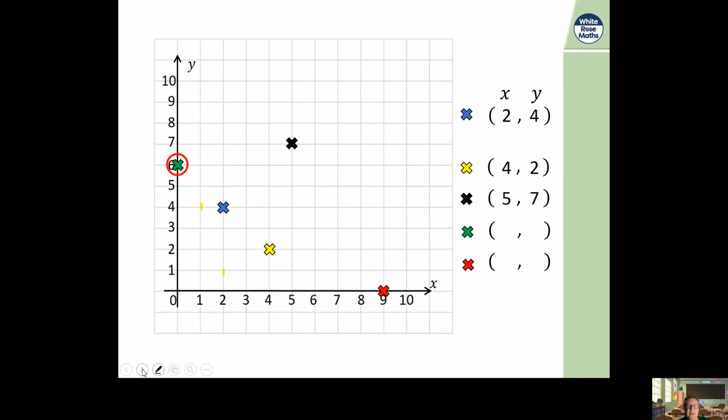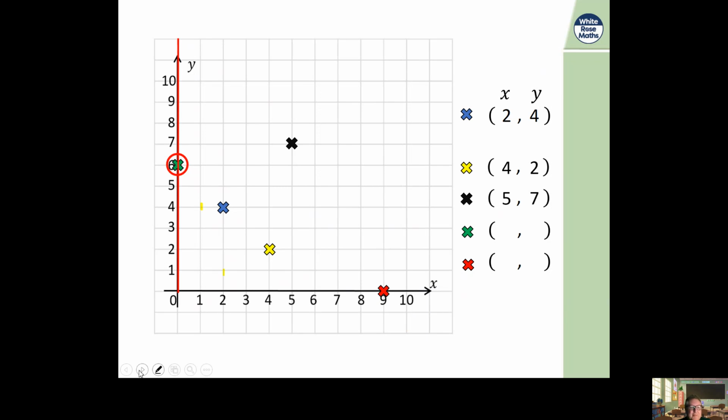And the green point. What about this one? Well, it's on the x-axis, it's resting on the origin. No, you're right. It's not resting on the origin because the origin is 0, 0. But is it resting on the 0 for the x-axis?